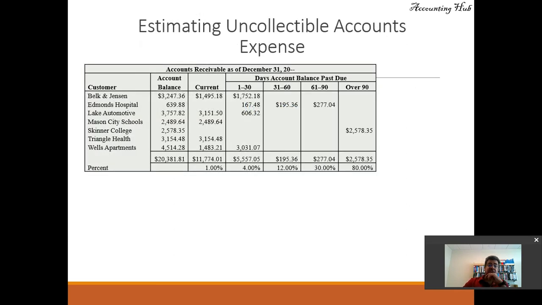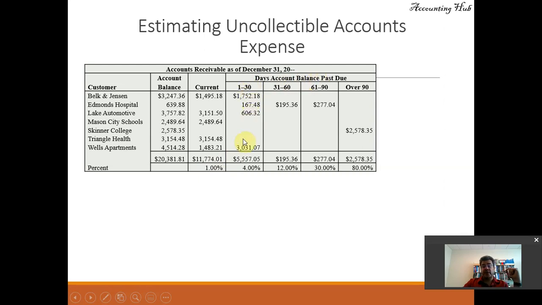So this is our accounts receivable. Customers, our account balance. It's current, so it is not due yet. So this one, a little bit more than 50%, and we estimate that 1% of this number will not be collected. And then days account balance past due.